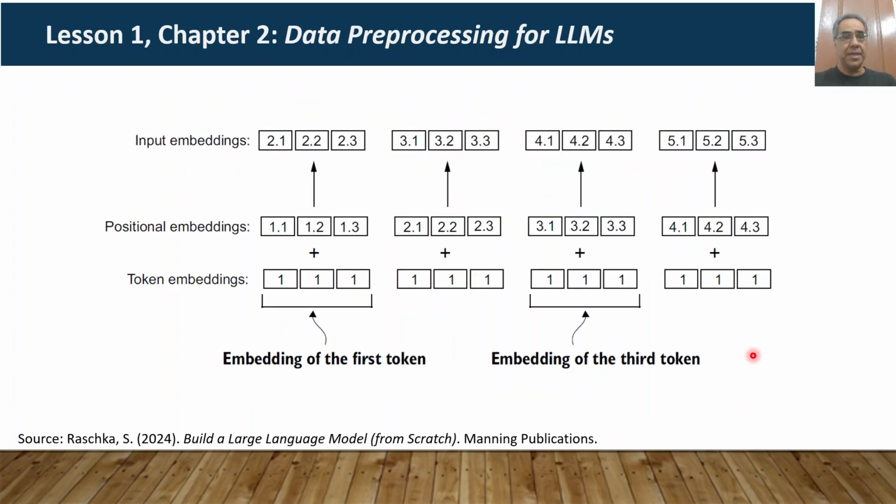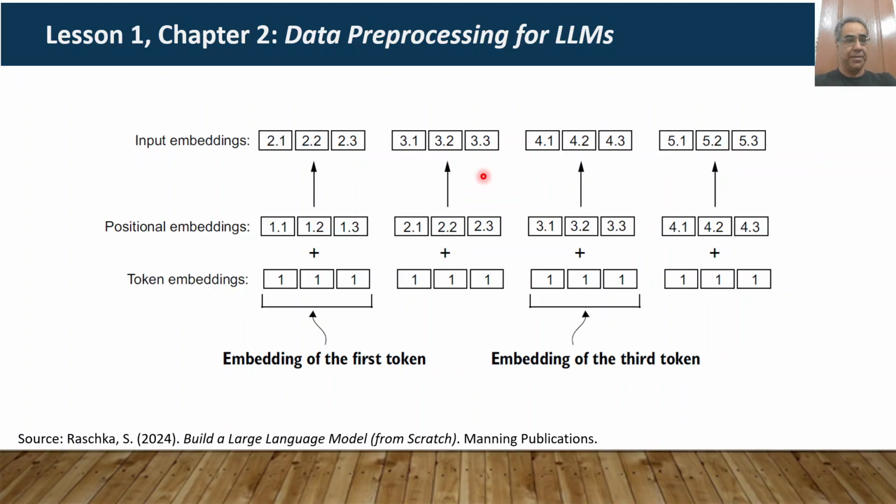For instance, the first token will have a specific positional embedding, the second token another distinct embedding, and so on, as illustrated in this figure.